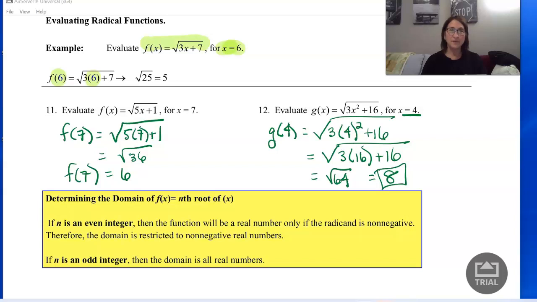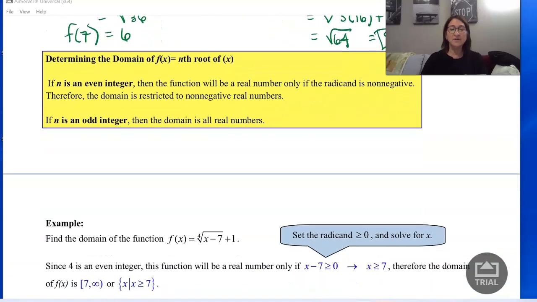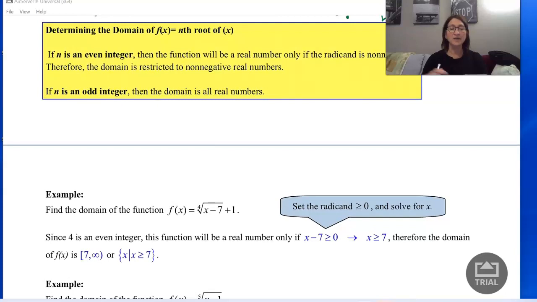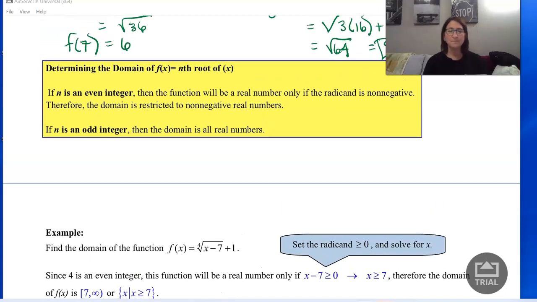So now we know how to evaluate. Now we need to determine the domain. We've already done this. We did this earlier, okay? So we'll just do it again. If n is even, so if our index is even, then the function is going to be a real number only if the radicand is 0 or positive.